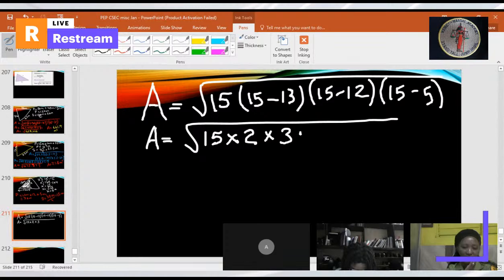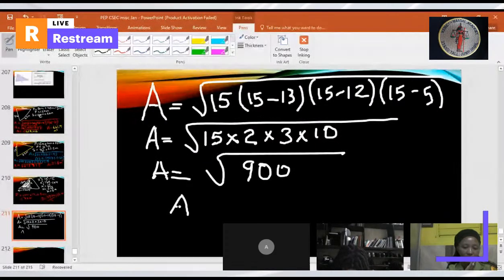So that gives what? 900. And the square root of 900 is 30. What's the unit? 30 meters. For area? Oh, meters squared.